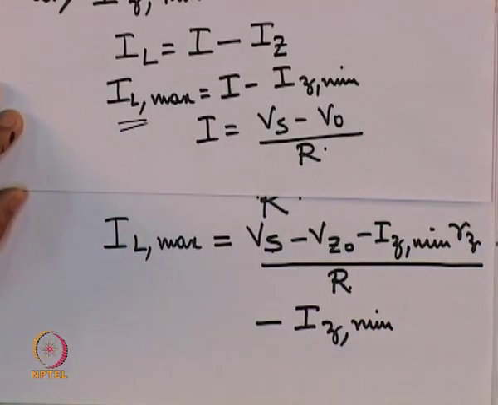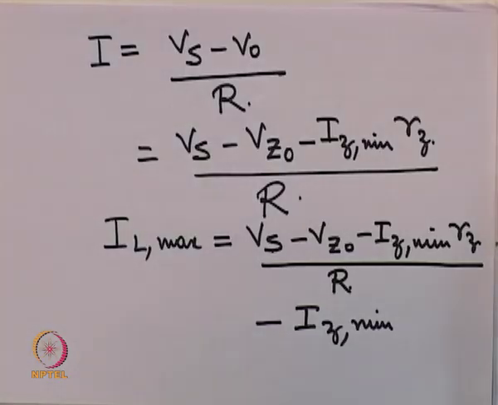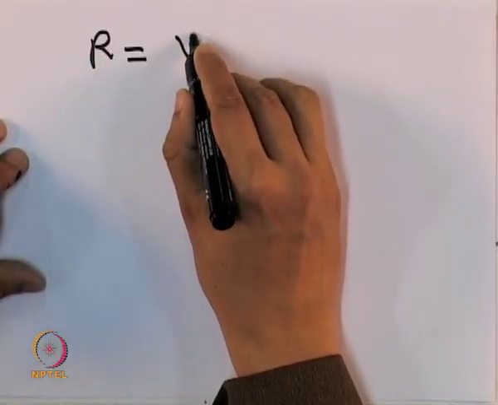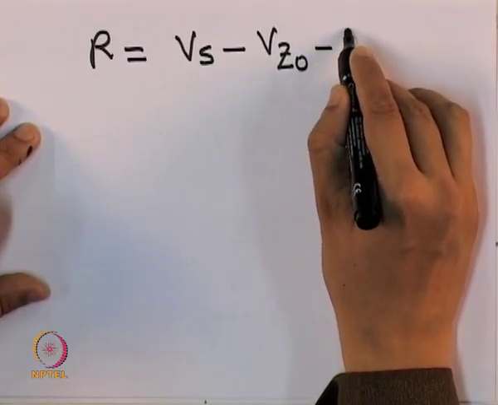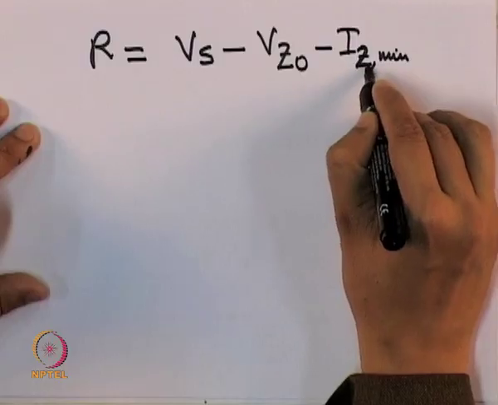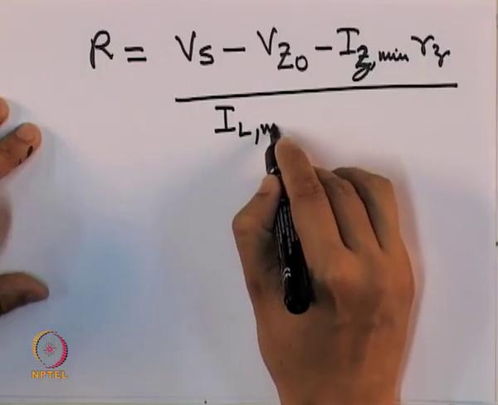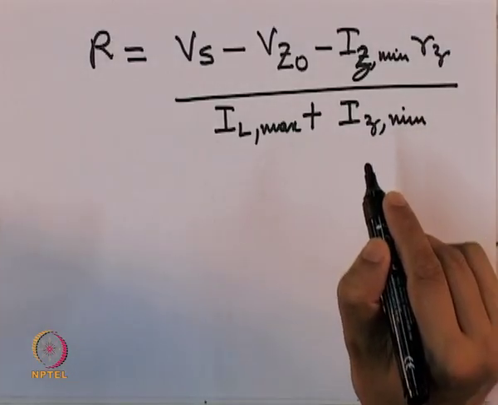Here I have just substituted this equation in place of I. So, from here the value of R that we get is equal to Vs minus Vz0 minus Iz min Rz, whole upon IL max plus Iz min.